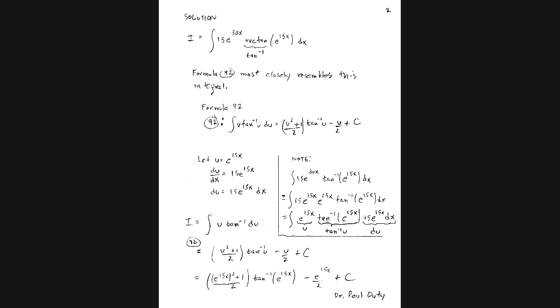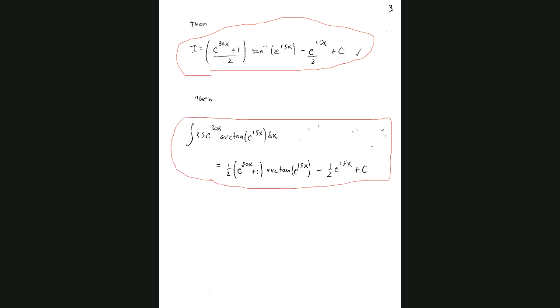All right, this then is going to be the answer. And so your integral is this. This table you have has 120 formulas, but there are tables of integrals where there are a lot more formulas than that.